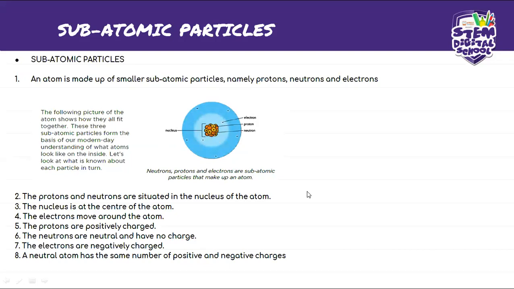Very good, the protons are 7. Now let's count those that don't have anything: 1, 2, 3, 4, 5, 6, 7. So the number of protons is equal to the number of neutrons here. Now let's also count the electrons. Outside we have 1, 2, 3, 4, 5, 6, 7. So the number of electrons is the same as the number of protons.